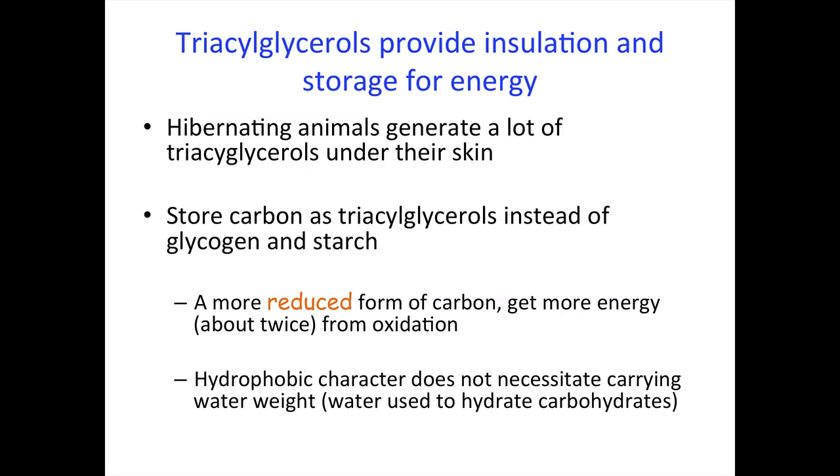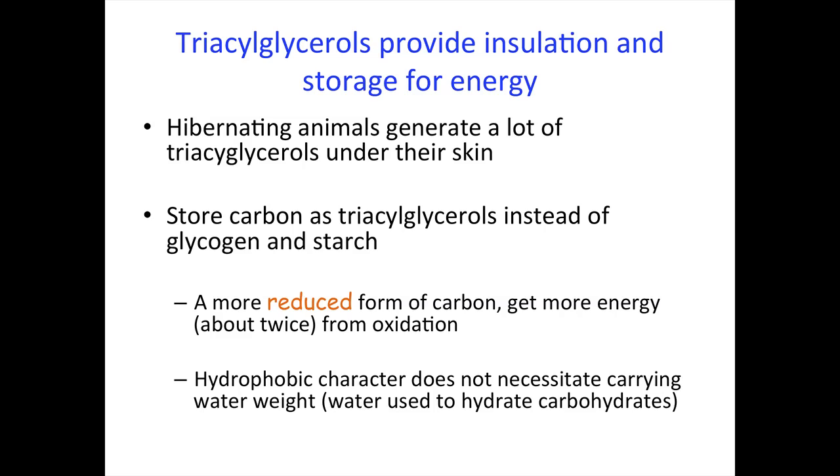Now, just to go back to this point here. What we are saying is that fat is a more reduced form of carbon than, let's say, glycogen and starch. Because if you look at glycogen and starch, or you just look at the monomer, which is glucose, you see that there's a lot of OH groups there.